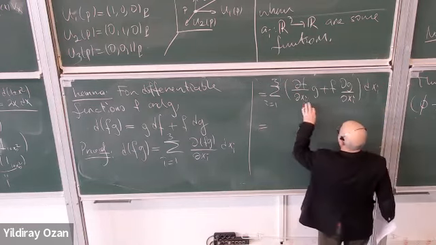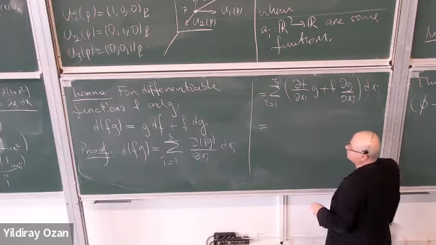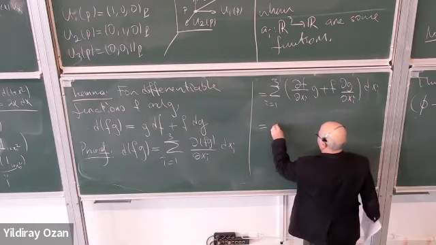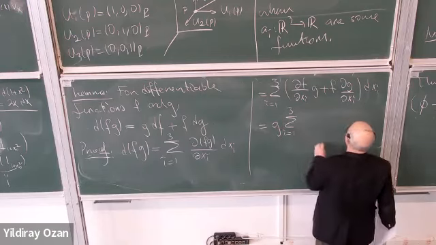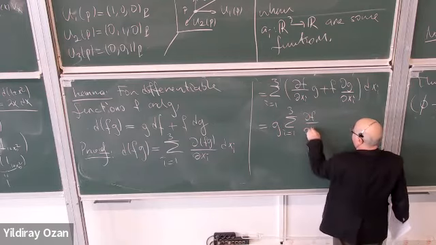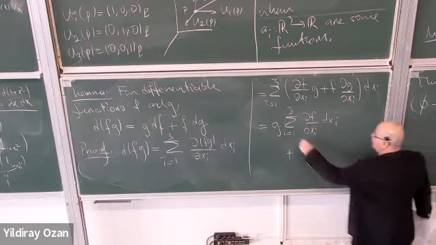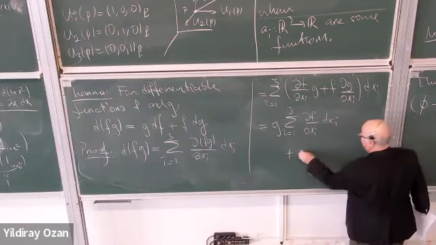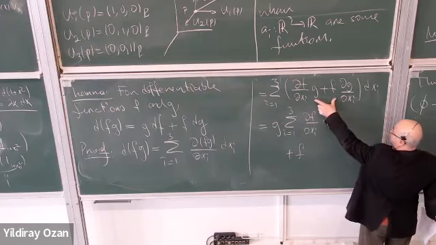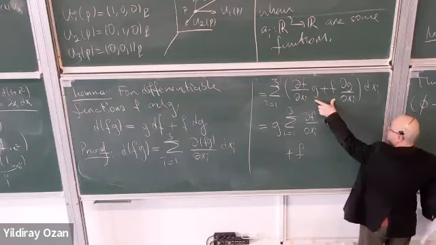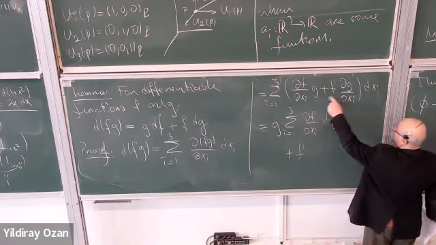And when you open this up, you will just get g times the sum over i from 1 up to 3 of del f del xi dxi plus f times, I first break this summation into two summations and then take f and g outside because there is no index here.